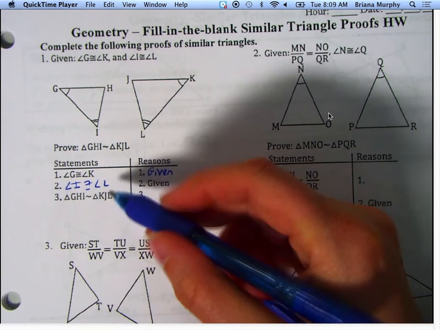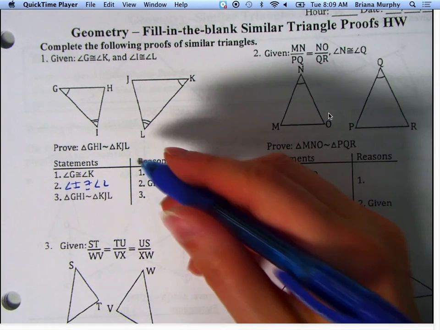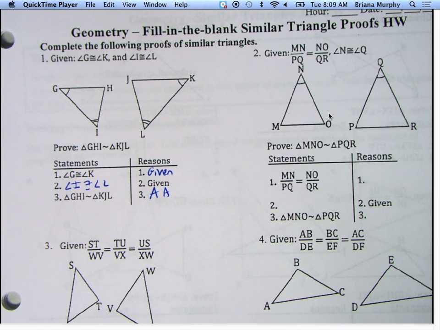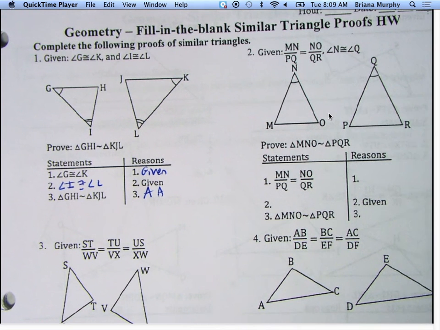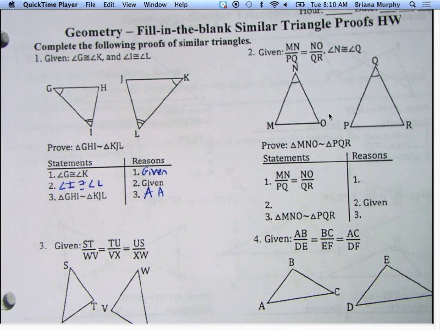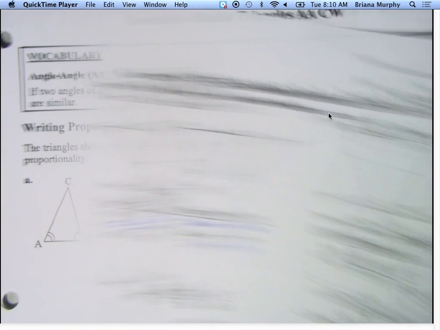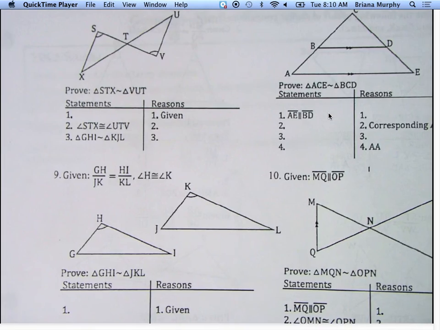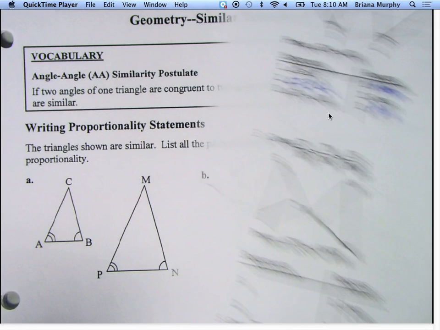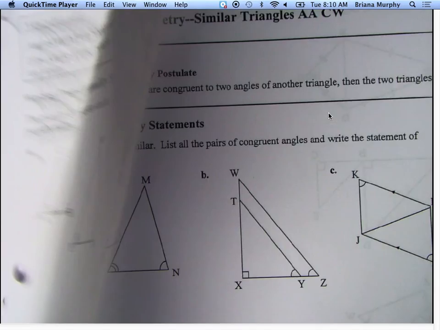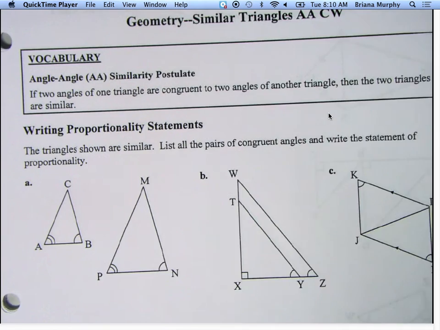So the triangles are similar by? That was simple, right? Okay, they're all like that. Some of them have an extra step in there, like 5 has congruent angle corresponding, 6 is congruent, but they shouldn't be too bad. You have 11 problems to do. I did one of them. So you should be able to do the rest.